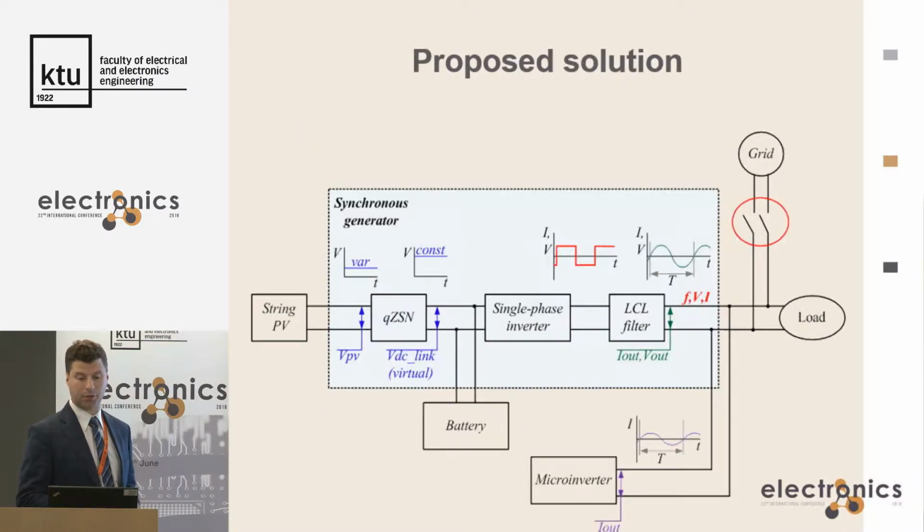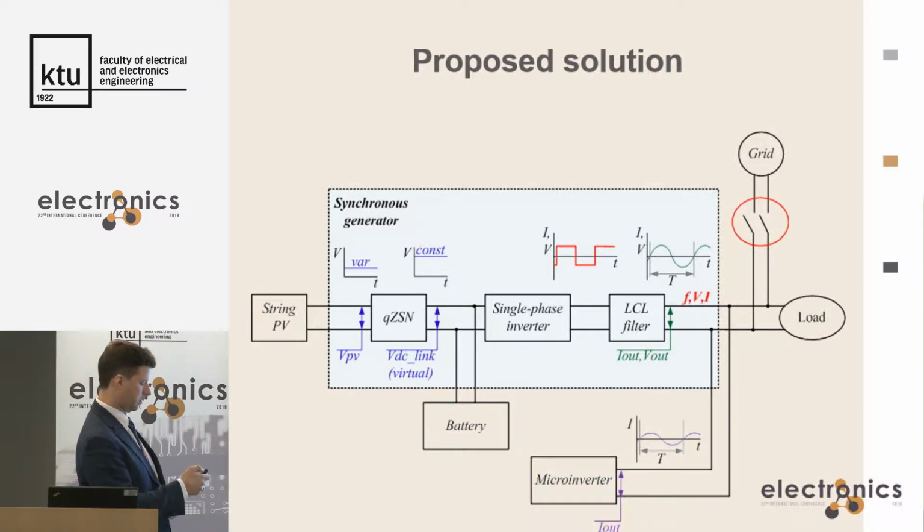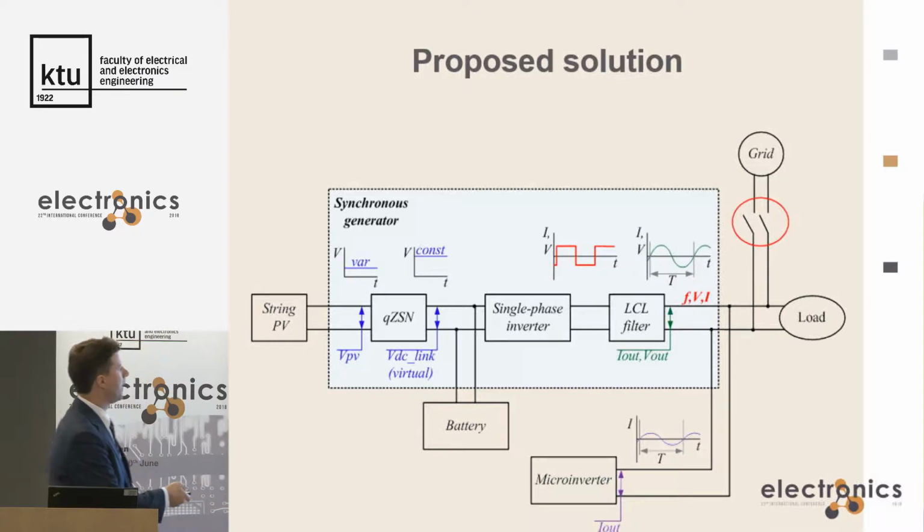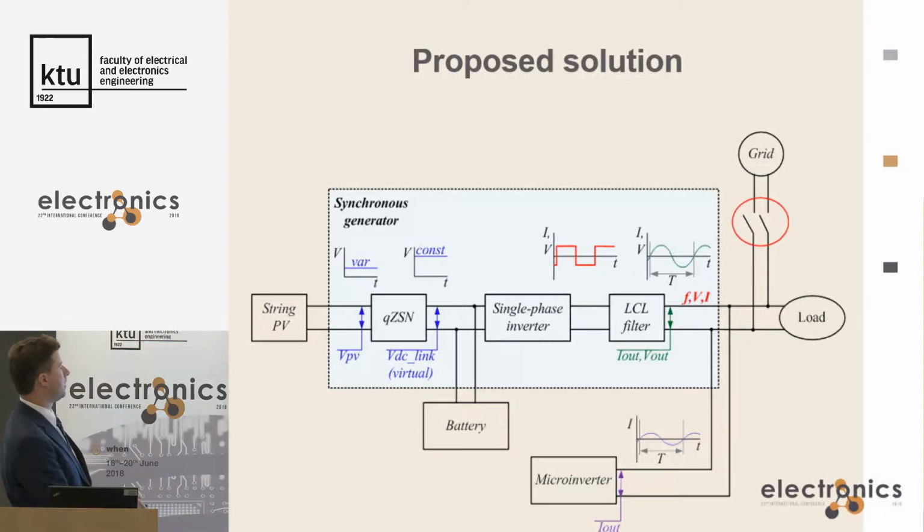And next I would like to show the diagram. Here is the grid, and in parallel with the grid is, for example, a microinverter and other system, which I will describe in a couple of minutes.